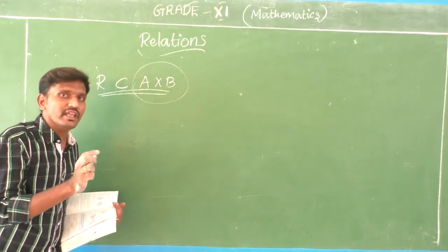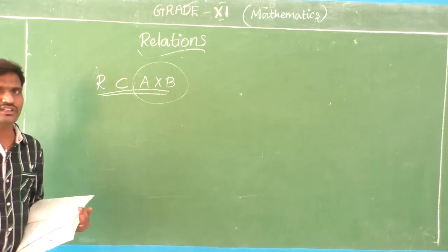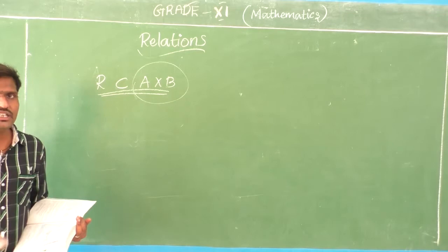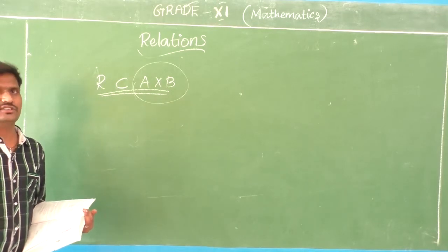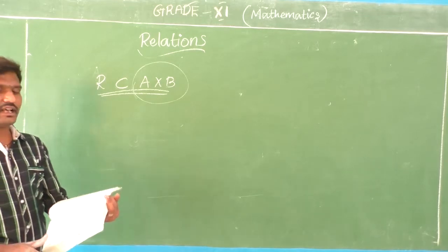What is A cross B? You know how to find the Cartesian product. That is why I told you before that the Cartesian product is the basis for relations. Have you got it? Now I give you one example.